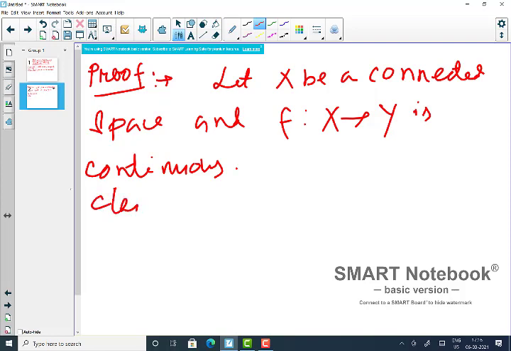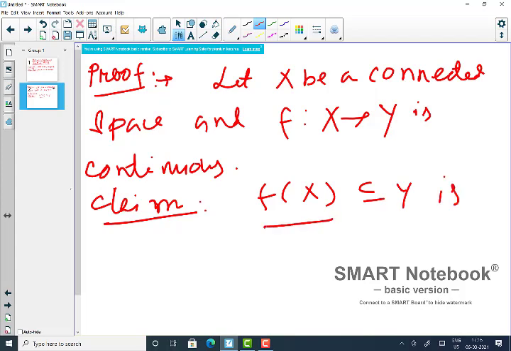Our claim is that f of X, a subspace of Y, is connected. In particular, if we start with a surjective map, then we need to prove Y is connected. Obviously, the map from X to f of X is surjective, right?